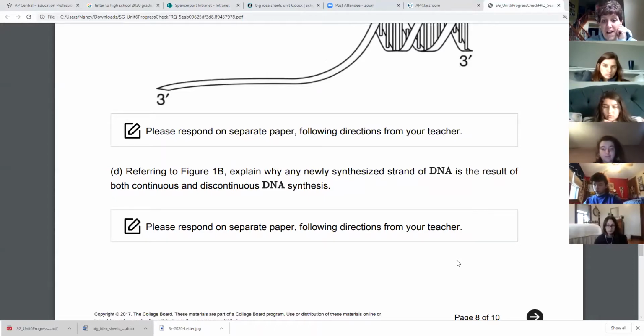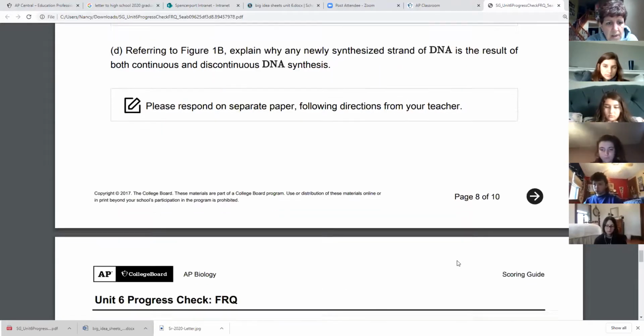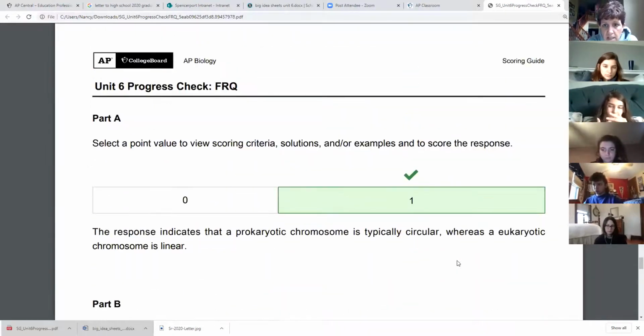They're both made in the 5' to 3' direction, but on one side it'll go towards the fork, and on the other side it'll be going away from the fork. So the away from the fork side has to be discontinuous. I just want to see what they put for an answer for that.